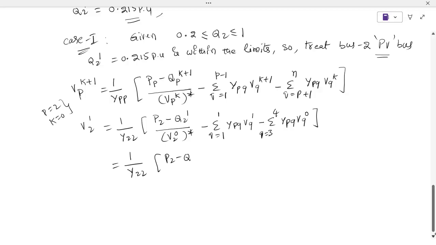That is all, you can keep the J values here, that is P minus J, P minus J Q21 minus Y21.